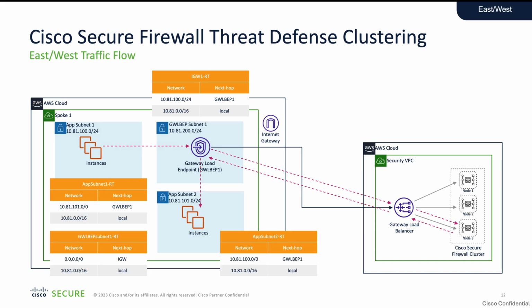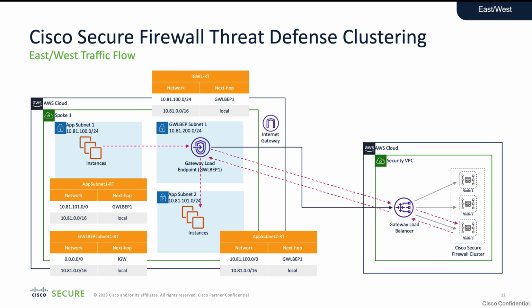Now, this is another flow, the east-west flow, where an instance in application subnet 1 is trying to reach an instance in application subnet 2 through the firewall. To make this work, the route tables are configured so the traffic from subnet 1 goes to the gateway load balancer endpoint, which forwards it to the gateway load balancer through AWS PrivateLink, and then to one of the firewalls in the cluster.